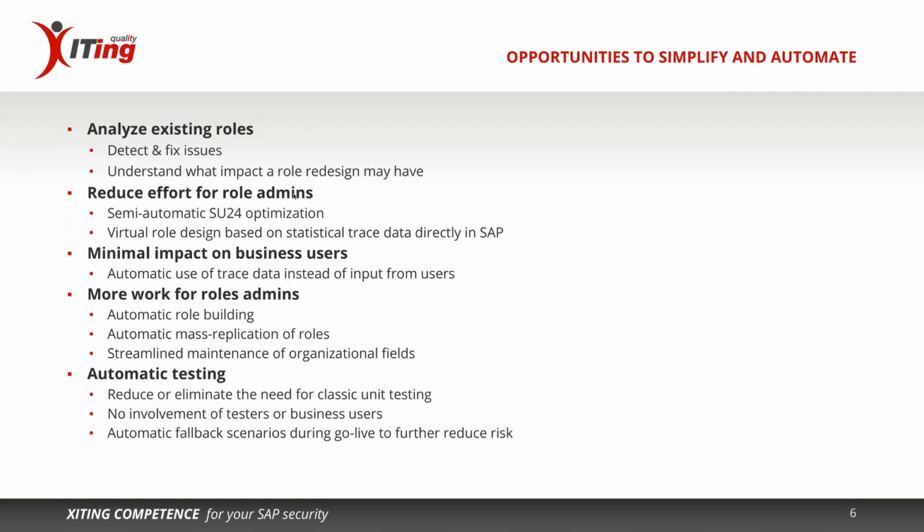And then you can, at least using the authorizations management suite, virtually design your roles instead of going the spreadsheet route. So you can load in your trace data, your ST03N data from multiple months if you want to, and virtually design your roles.